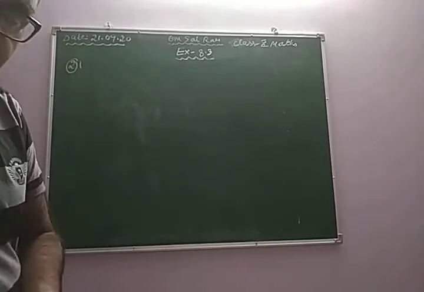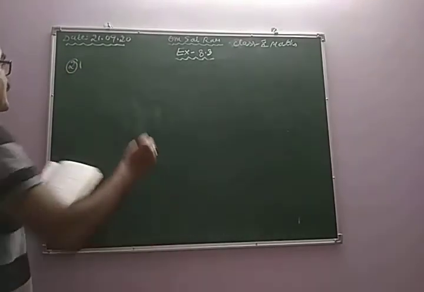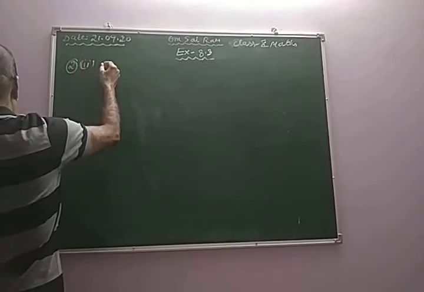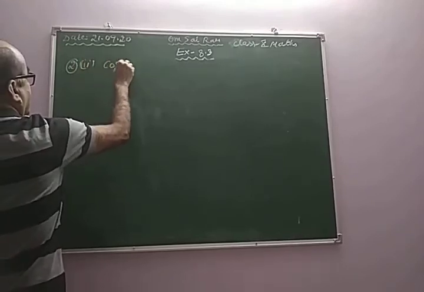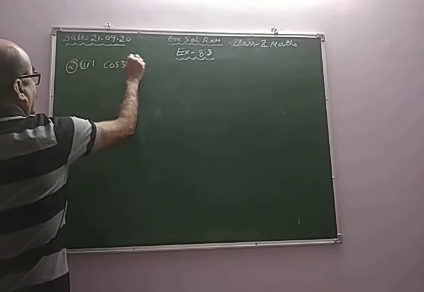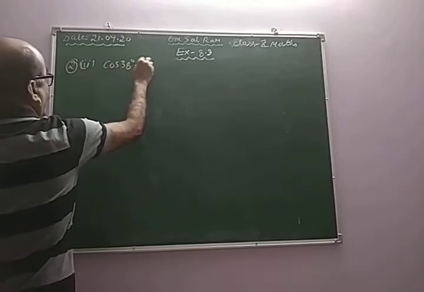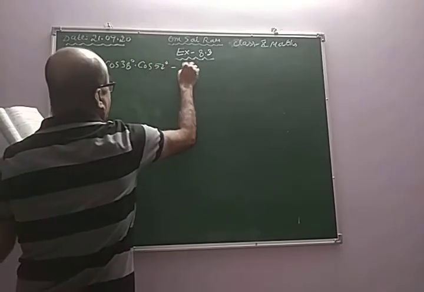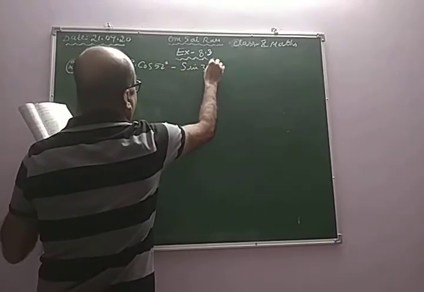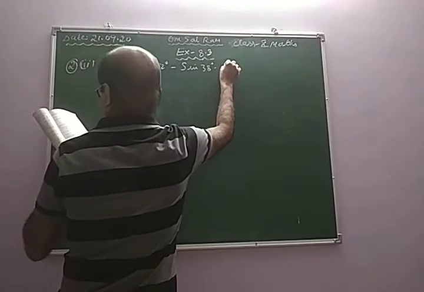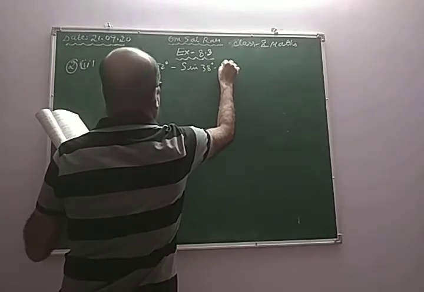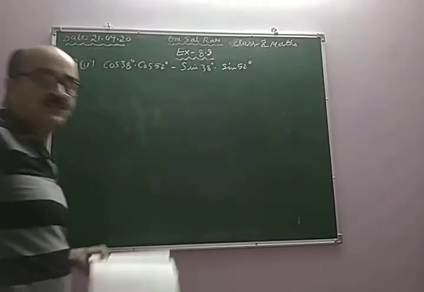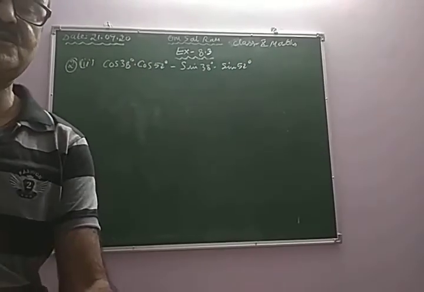So the second part of it is cos 38 degree into cos 52 degree minus sin 38 degree into sin 52 degree, and we have to prove this is equal to 0.